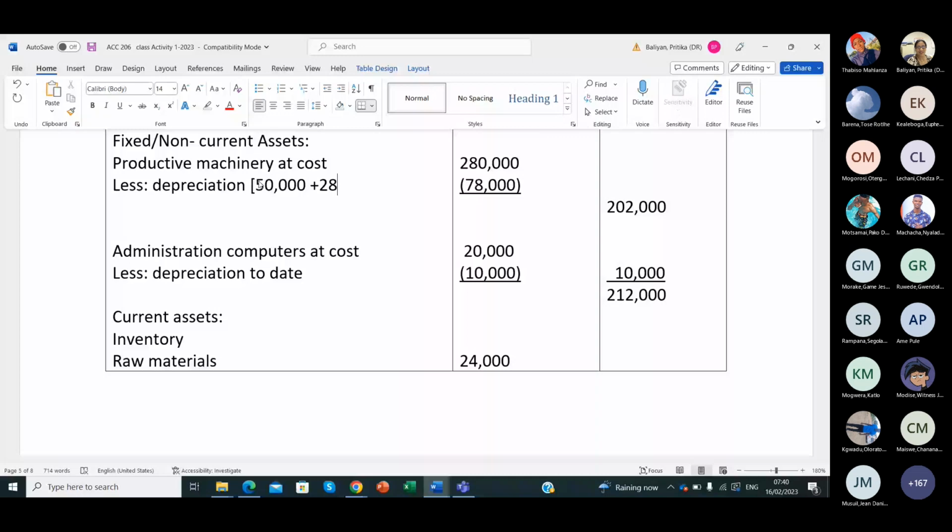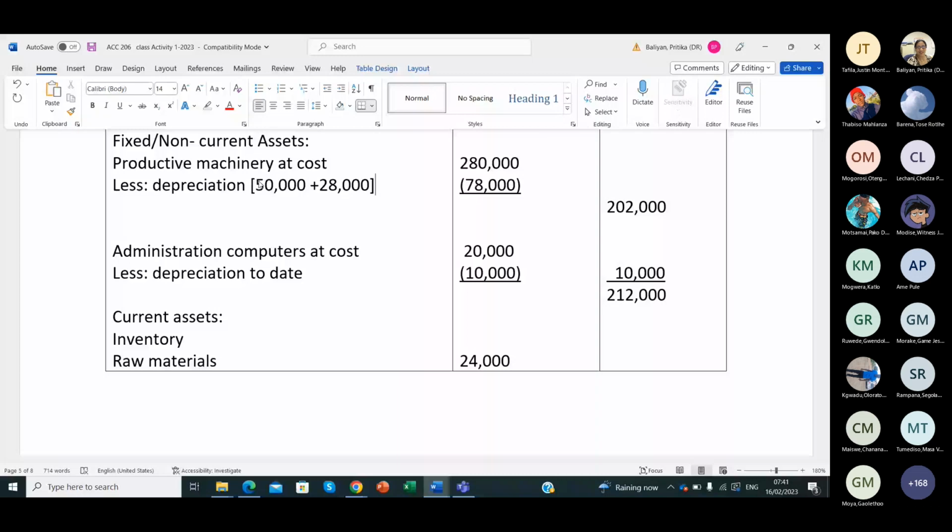So it means that if this year the values remain 230, so how much value has been depreciated in the previous year? 280,000 minus 230. So how much value will depreciated? 50,000. This 50,000 value was depreciated in previous year before 2022 up to the 2021.